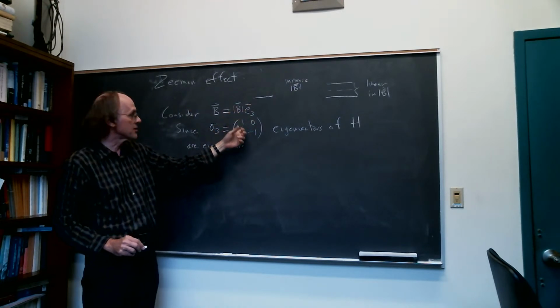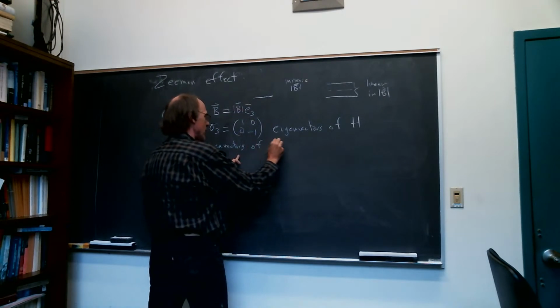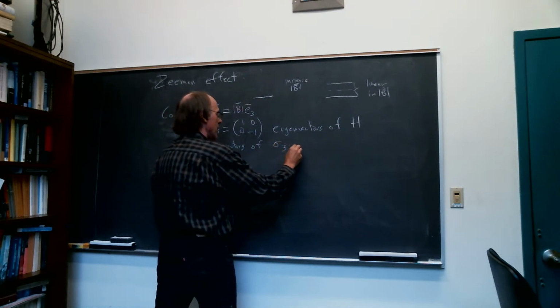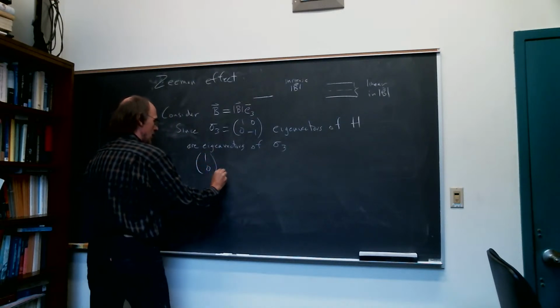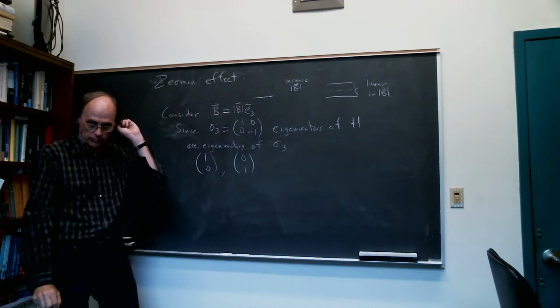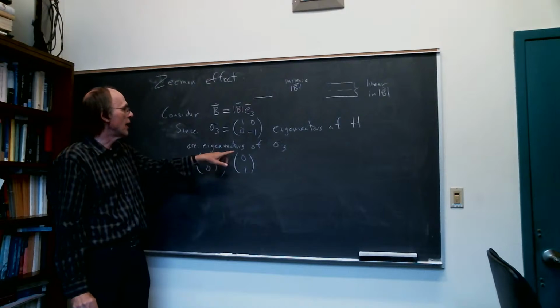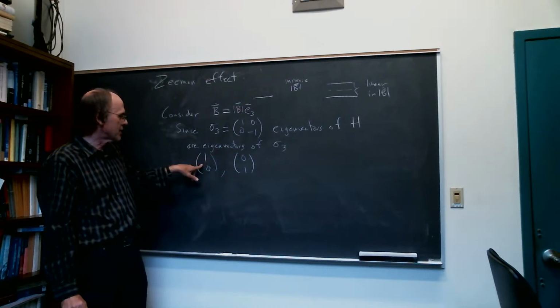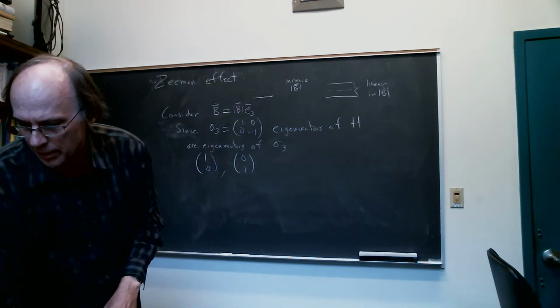The only term you have here is something proportional to this. They're going to be 1, 0, and 0, 1. Now, if you look at what H does here, I can say H on.